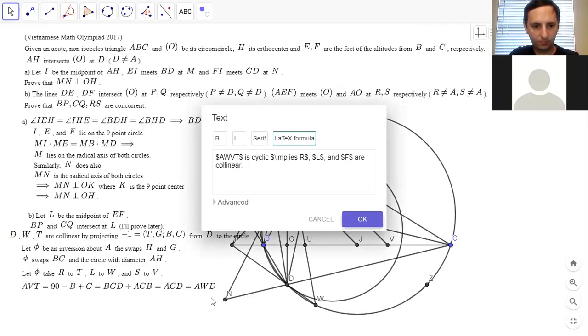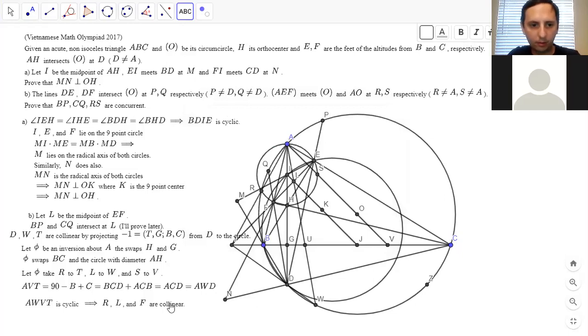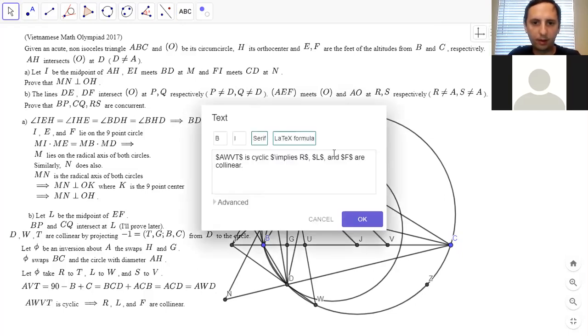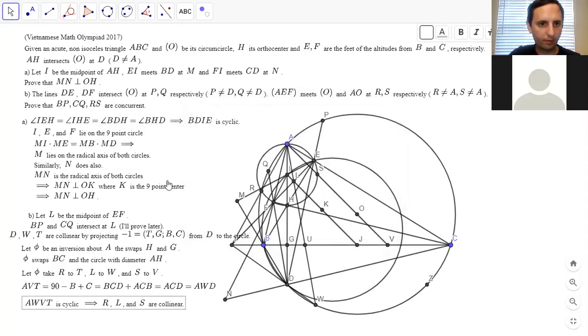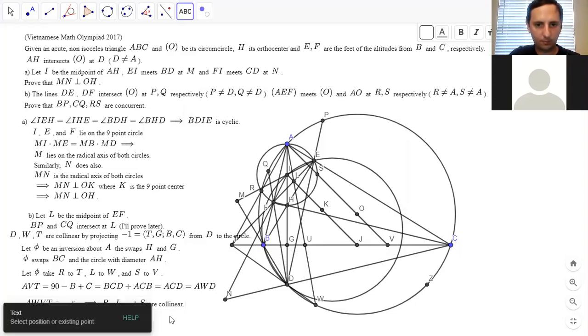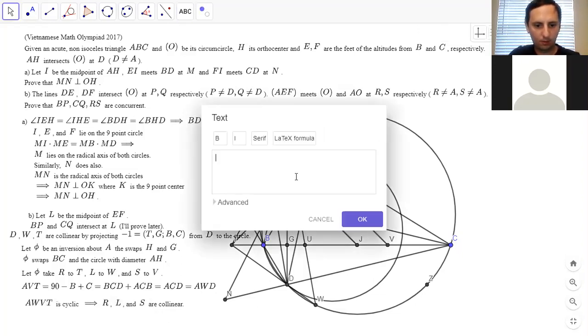And that means, or R, L, and S. And that means that BP, CQ, and RS are concurrent.